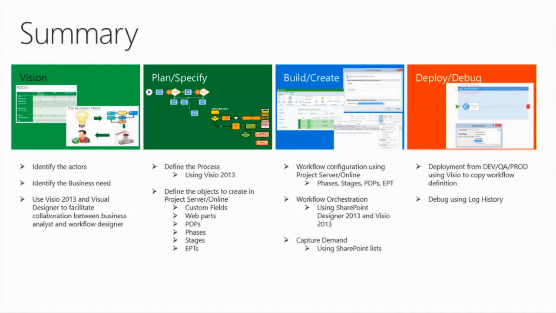Then in the build phase, we used SharePoint Designer and Visio to create the different objects. And finally, we deployed the workflow. I also showed how you can use the SharePoint list to capture demand and create automatic projects. So that's it. Thank you very much.